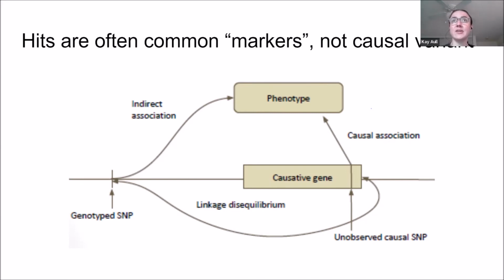You don't necessarily have full sequence data. If you do, then you can treat everything as a data point. So you're going to have your causative gene in there somewhere. And so you don't need to think about this as much.